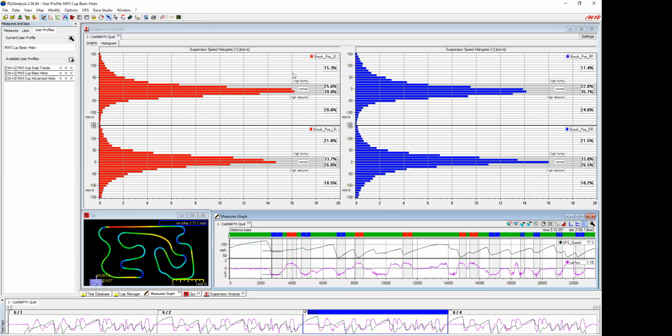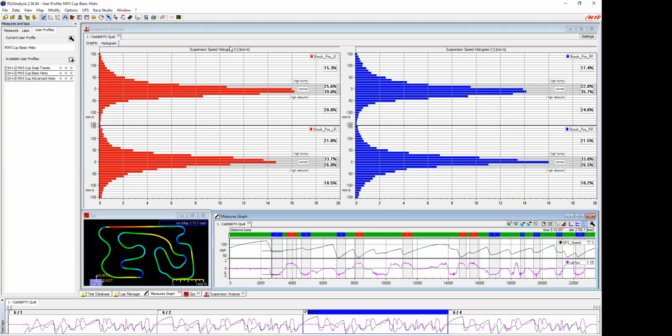I'm going to plug all those into a single folder, zip it up, and put it into the description box below as well. So you'll have another link there. Just some good reading material to understand a little bit more of some of the stuff I'm going to touch upon. Here are your 4 histograms. These are suspension speed histograms in basic mode in our suspension analysis.